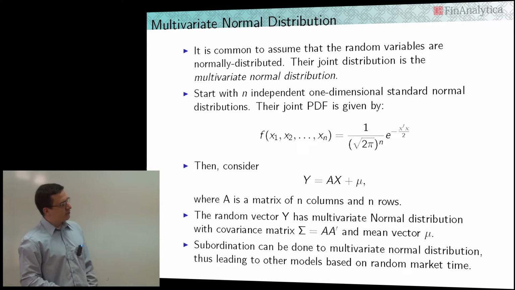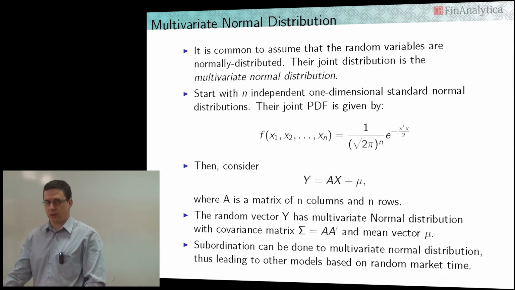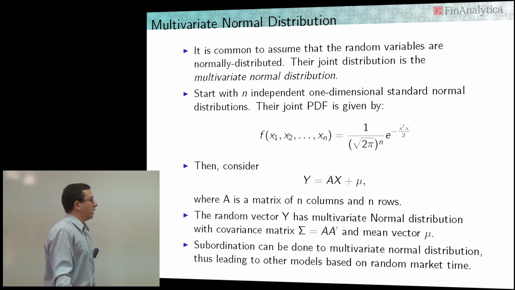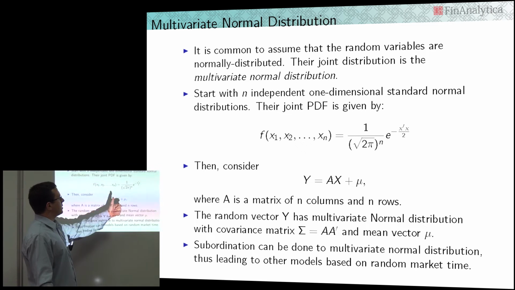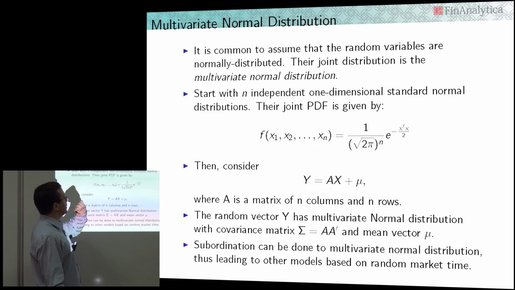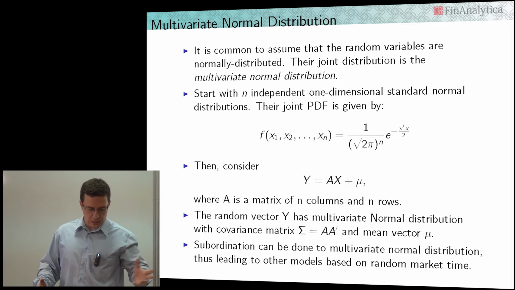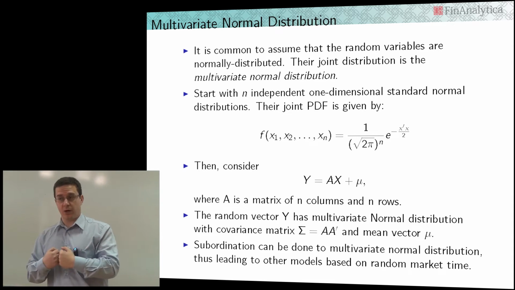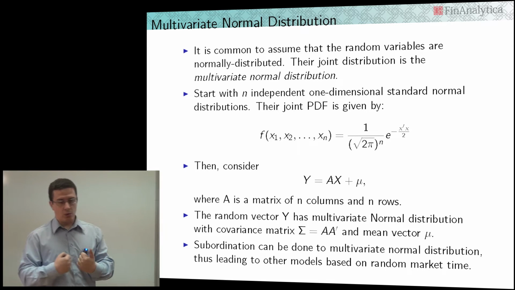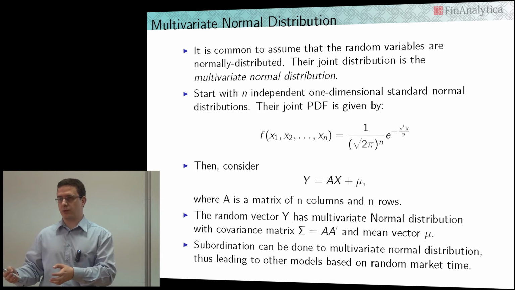And I've given here an example of a multivariate distribution. Of course, it will be the Gaussian, as it's easier to work with. It starts by defining a standard normal multivariate distribution out of independent variables. And since they are independent, we know how their joint PDF would look like.